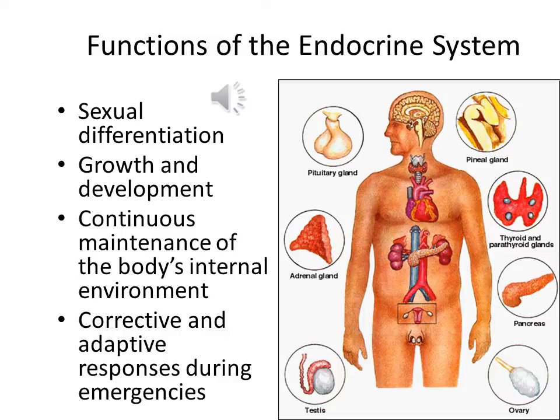You have your luteinizing hormone, which produces estrogen and progesterone and testosterone for males. And then you also have your ACTH, which is your adrenocorticotropic hormone, and that deals with your adrenals.